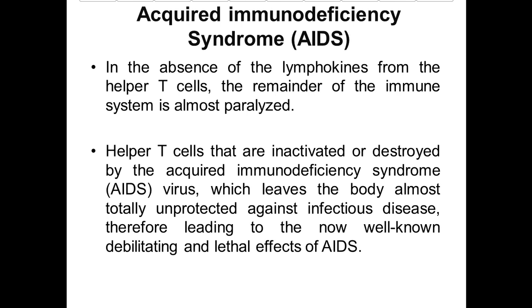Acquired immunodeficiency syndrome: in the absence of lymphokines from the helper T cells, the remainder of the immune system is almost paralyzed. Helper T cells are inactivated or destroyed by the acquired immunodeficiency syndrome virus, which leaves the body almost totally unprotected against infectious disease, therefore leading to the now well-known debilitating and lethal effects of AIDS.